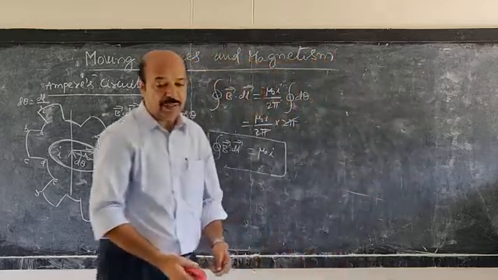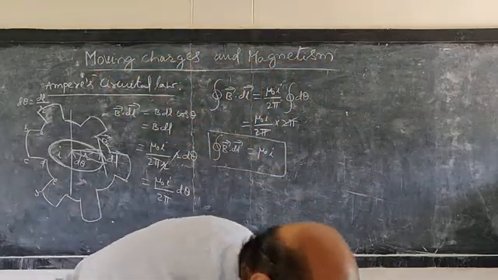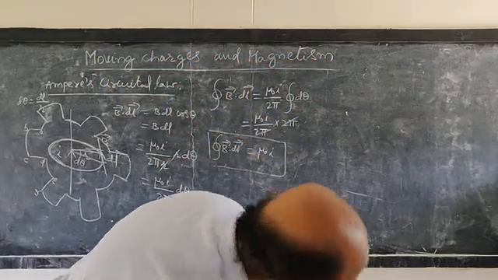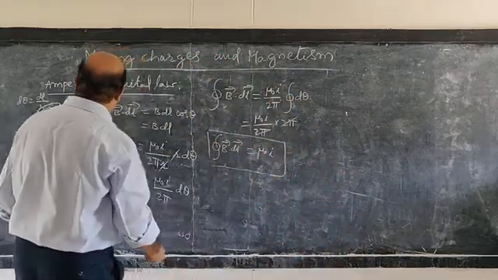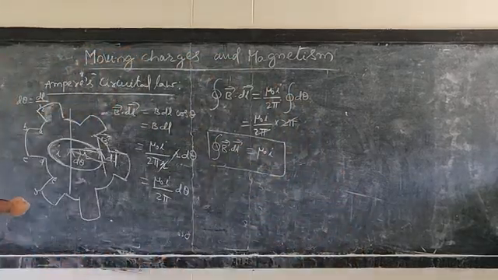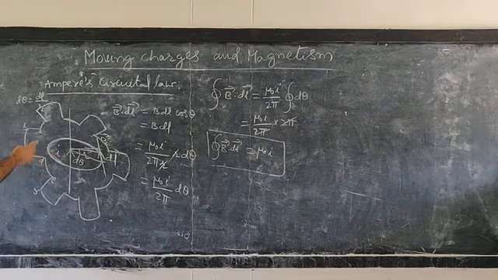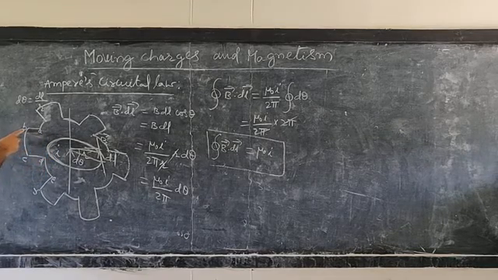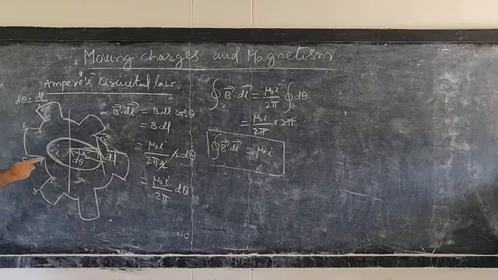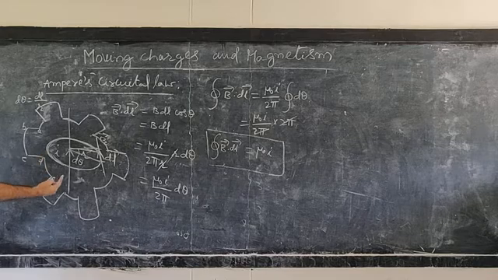For the given closed path, suppose we start here. See this AB and CD, these paths are perpendicular to the current direction.